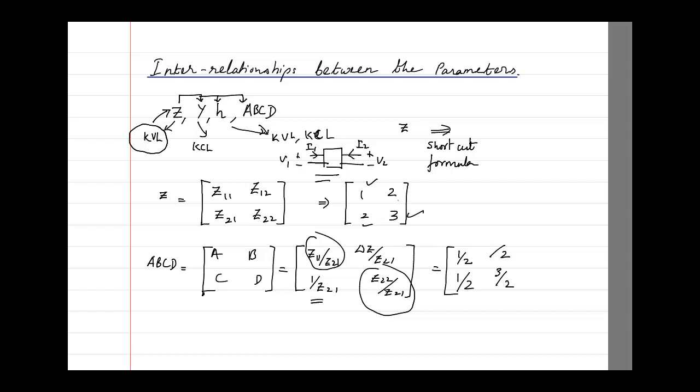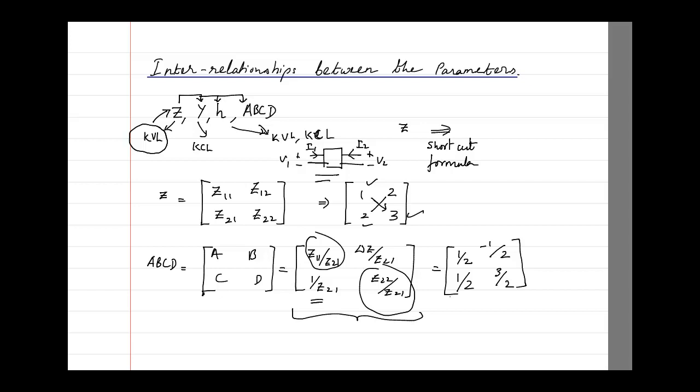Delta Z, if I want to find out, I will do the determinant. 1 into 3 is 3 minus 4 is minus 1, so I will write minus 1. See how fast I have found out. Why? Because I have a formula like this.